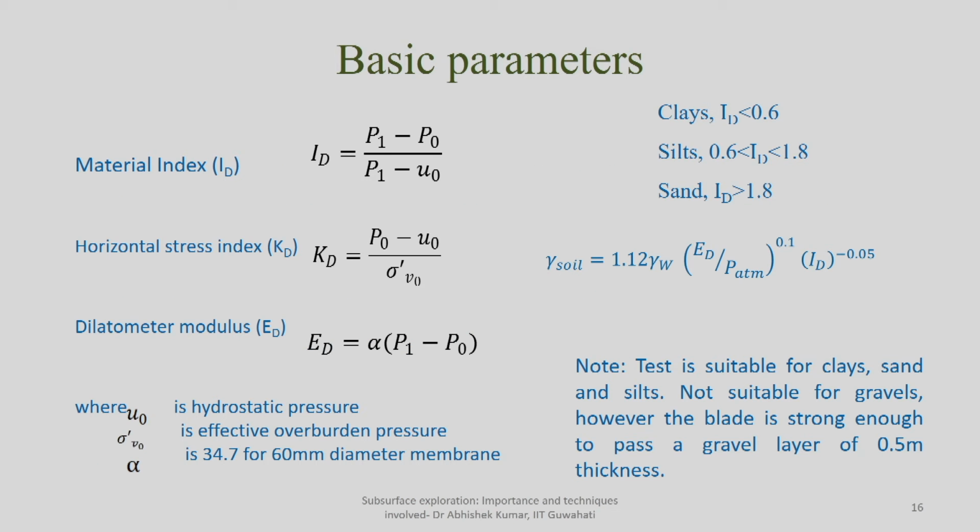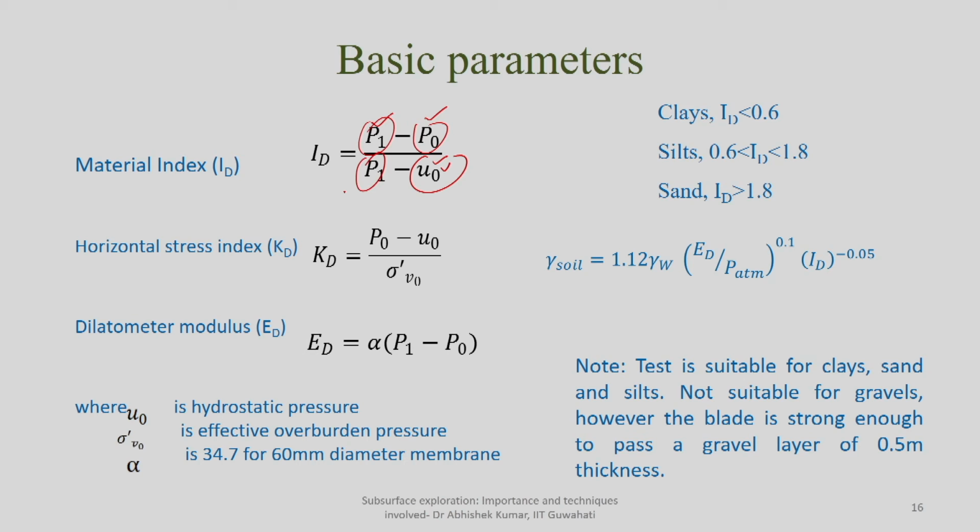So once you know the P naught and P1 value, there will also be some transducers which indicate the pressure required at different depth conditions, and that will indicate the value of pore water pressure. We have separate formulas which we will discuss in coming slides for how you get the pore pressure. P0 and P1 you already know how to determine.